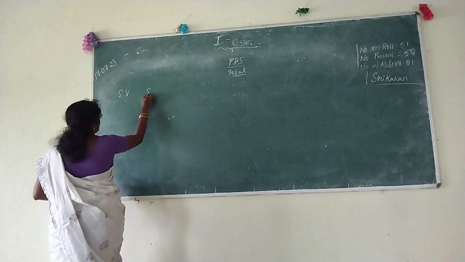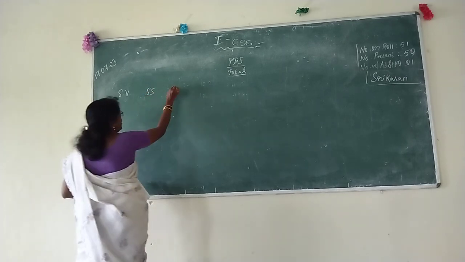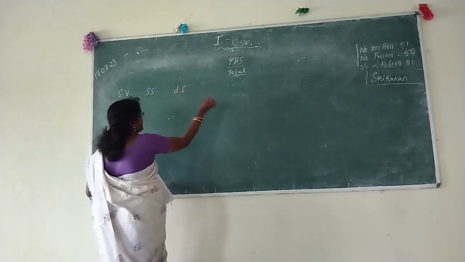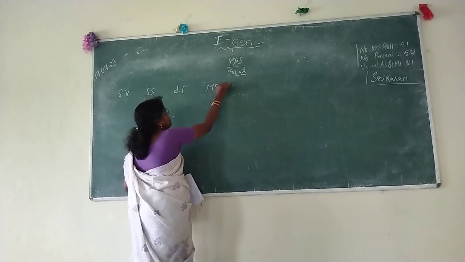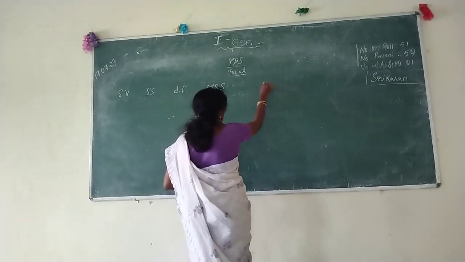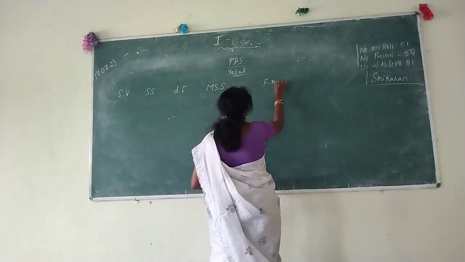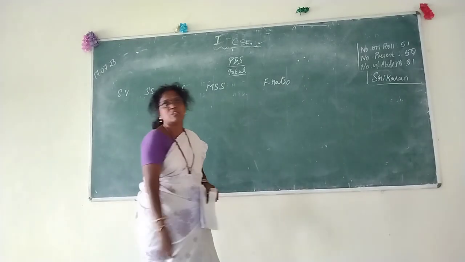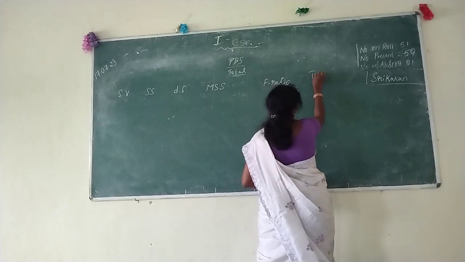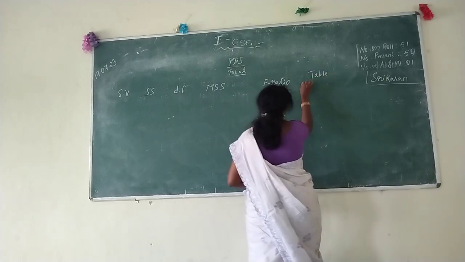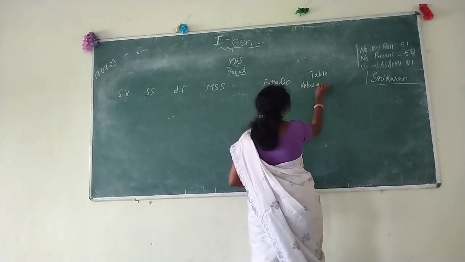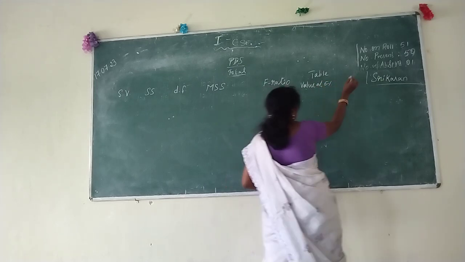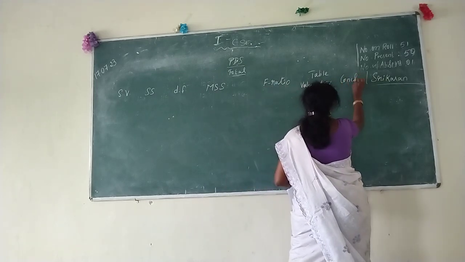Second column? Sum of squares. Third column? Degrees of freedom. Fourth column? Mean sum of squares. Next column? F ratio. For our convenience we can include 2 more columns, one for table value and the other one for conclusion. This is not compulsory, your choice. We can write a conclusion separately also.